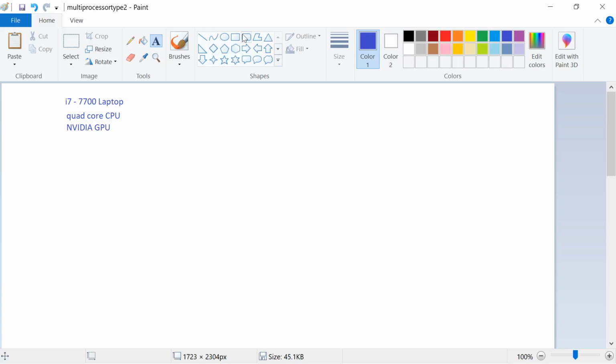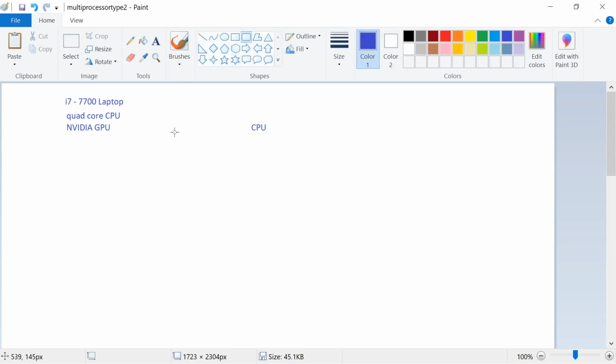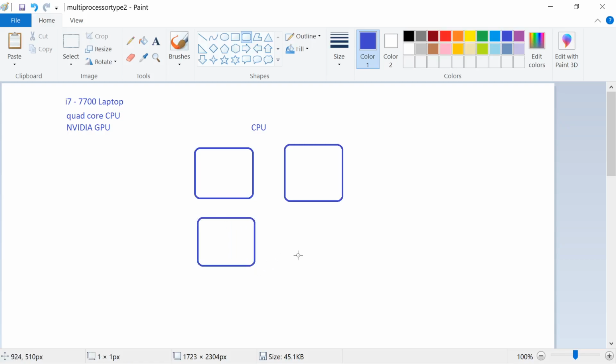Since it is a quad core, what will my CPU look like? So this is my CPU. Definitely when we are talking about a CPU, we are talking about a symmetric multiprocessor, right? And it has 4 cores in that. So it's almost like saying I have 4 processors.